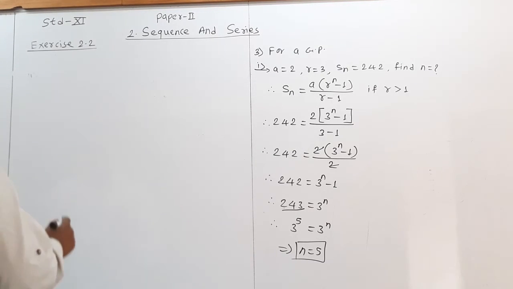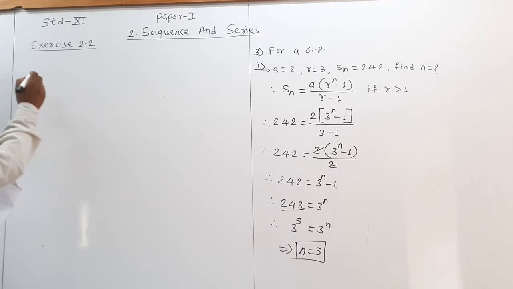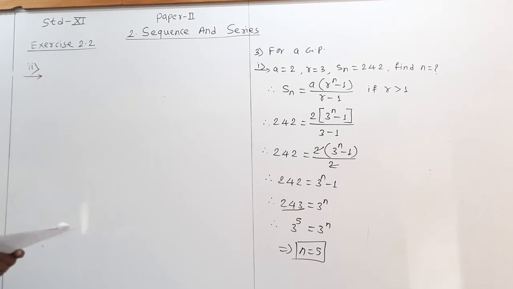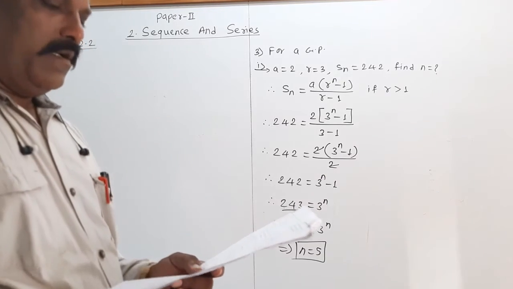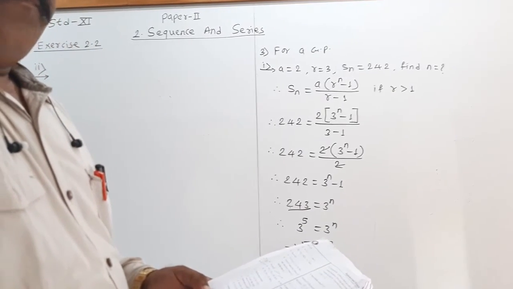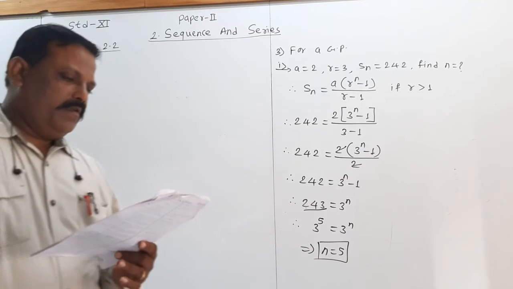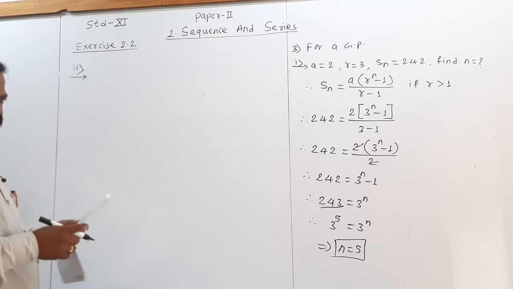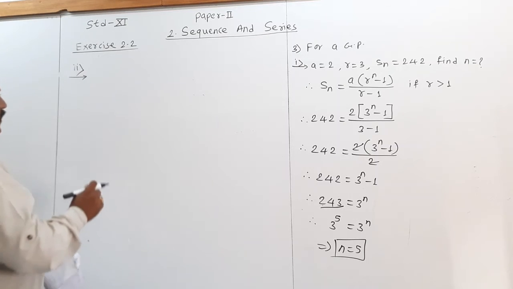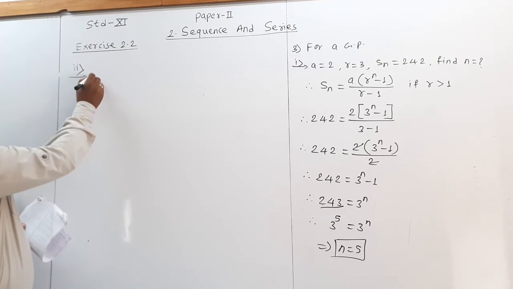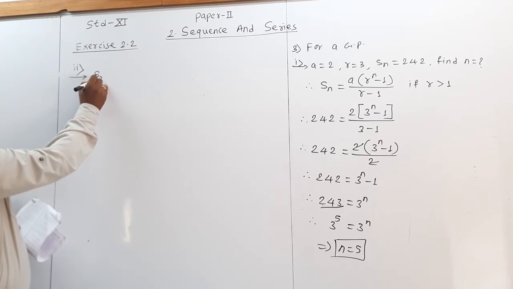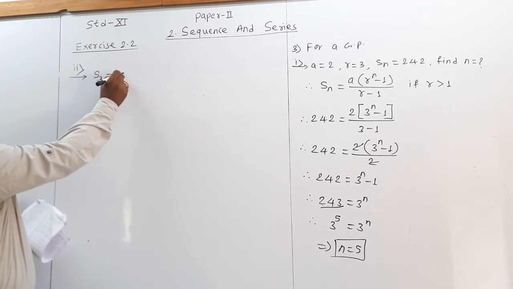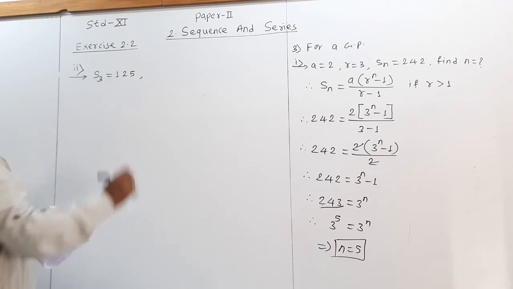ठीक है. In example number 3, second example. Example is for a GP. For a GP, sum of first three terms means S3 equal to 125.